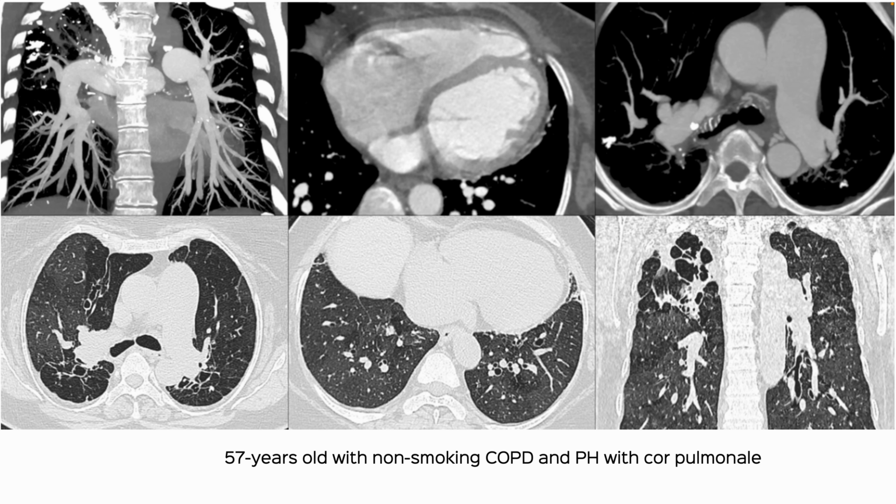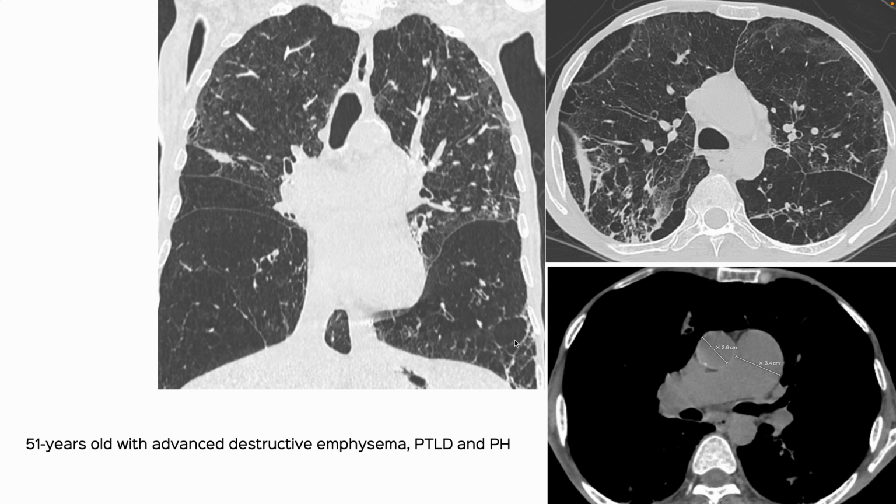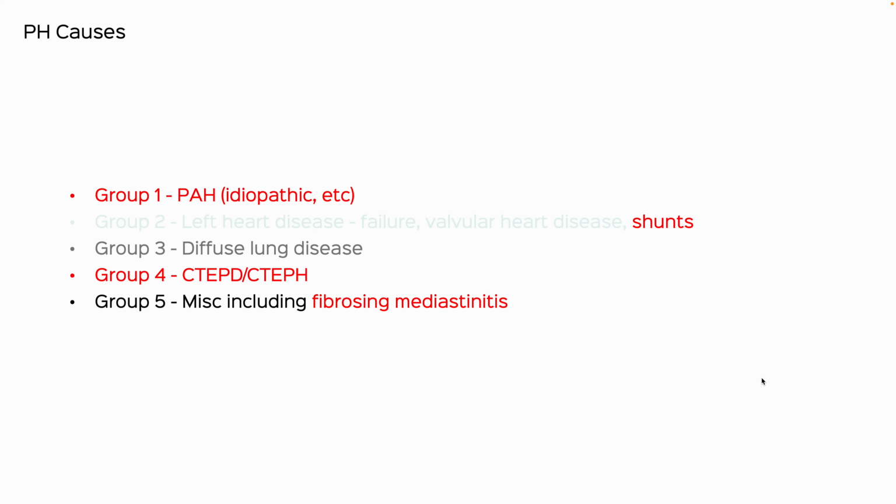I mean, this is all to document the findings, but the PH diagnosis is clinical and on echo. Or this patient who has UIP, IPF, and PH, or this patient who has severe smoking related advanced destructive emphysema, also has PTLD and PH with a 34 millimeter diameter with a PA to AA ratio greater than 1. So we should document, but it's not our primary job.